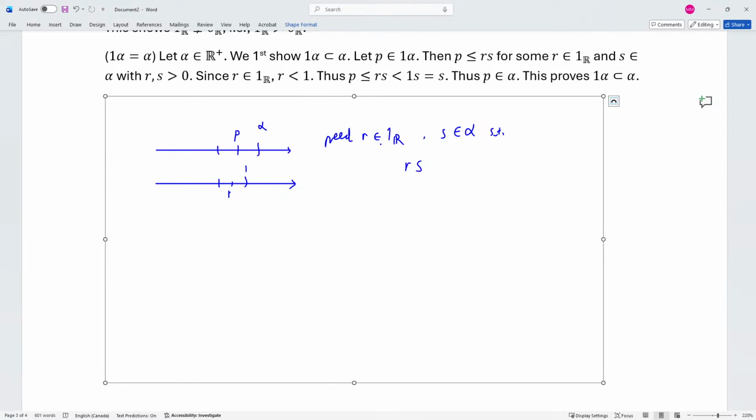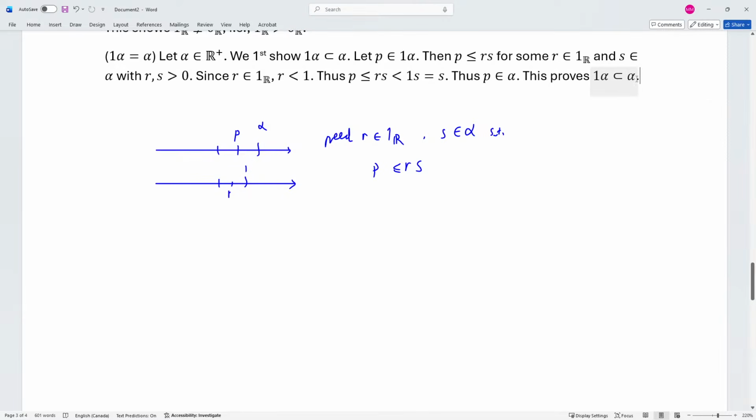There exists an R such that R... We need R times S to be what? To be greater than or equal to P, right?